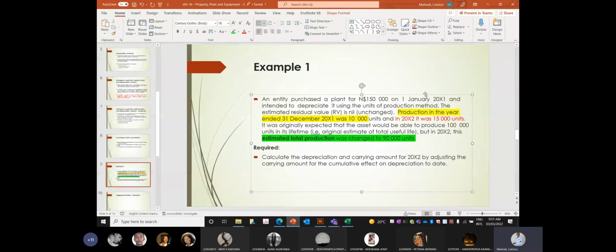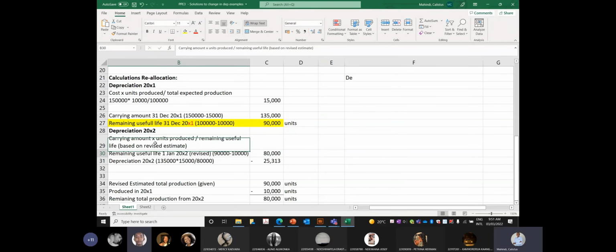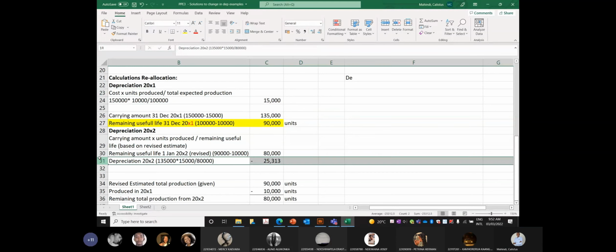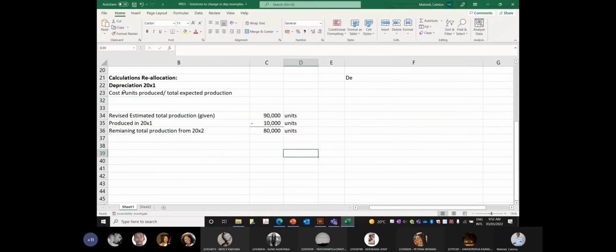Let's go look at the formula. The formula to calculate the depreciation, in this instance for 20X2, instead of using the cost price, we're going to use the carrying amount.